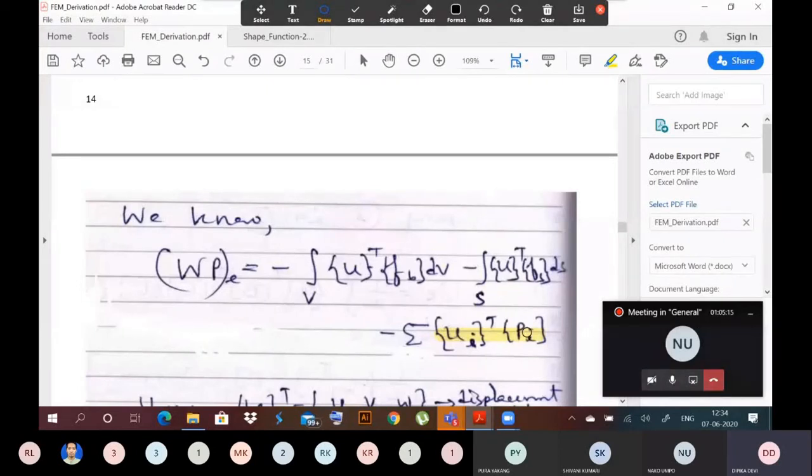That is why I have written it in vector form. It is a vector that includes the three components of displacement along the x, y, and z directions. And this vector includes the three components of the point load which may act along the x, y, and z directions. If it is a 1D problem, there will be only one component. If it is a 2D problem, there will be two components. If it is a 3D problem, there will be three components.